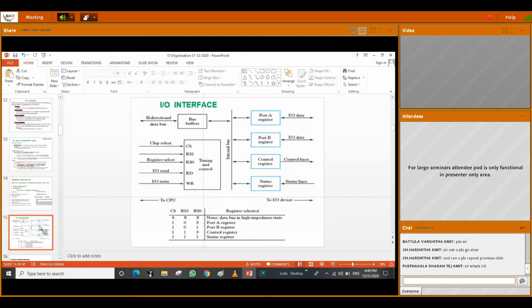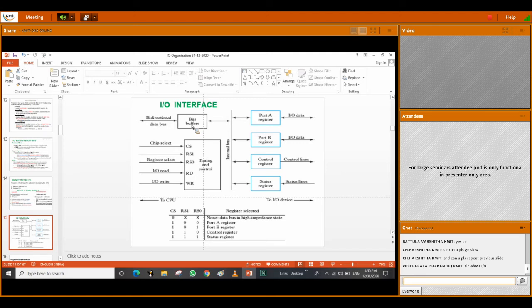And some examples: how are we converting the data from CPU to IO devices? This is one example. Look here. First is a bus buffer. This bus buffer is a bidirectional data bus; data can transfer from both sides.